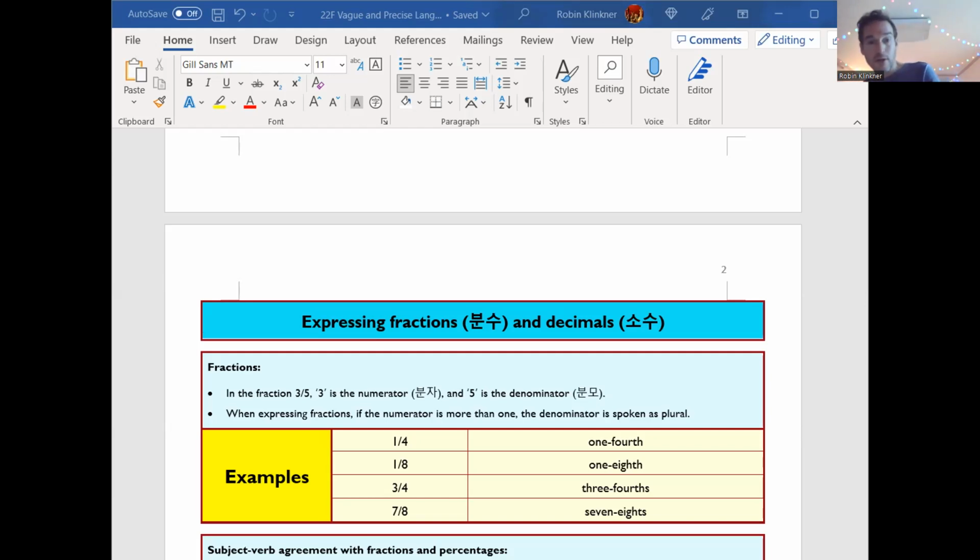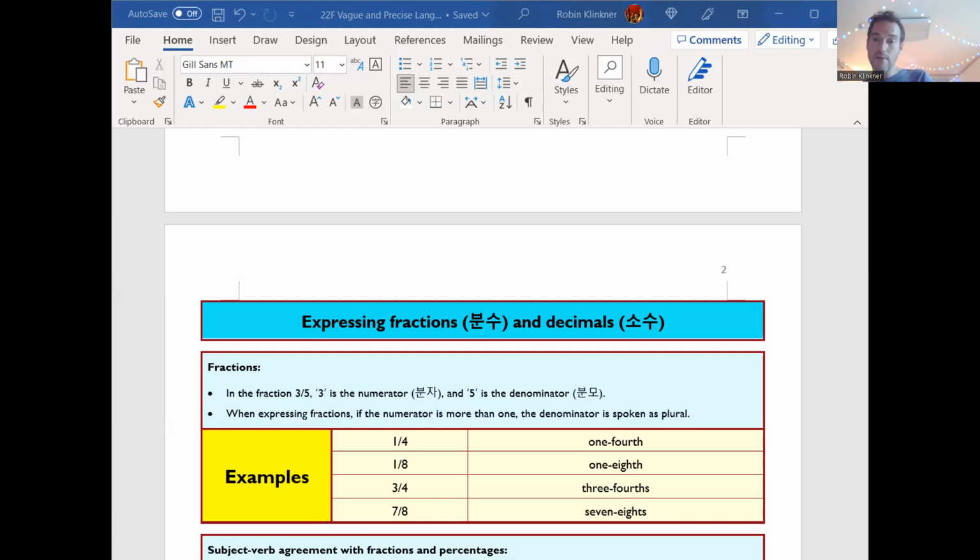Okay, 2 is larger than 1. So that means fifth is going to be plural. 2/5. 9 is larger than 1. 10 will be plural. 9/10. 1 is not larger than 1. So 1, and we say third.